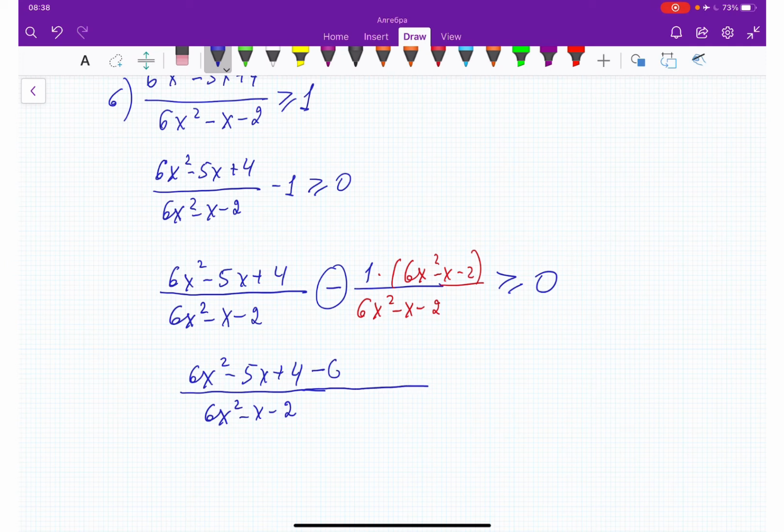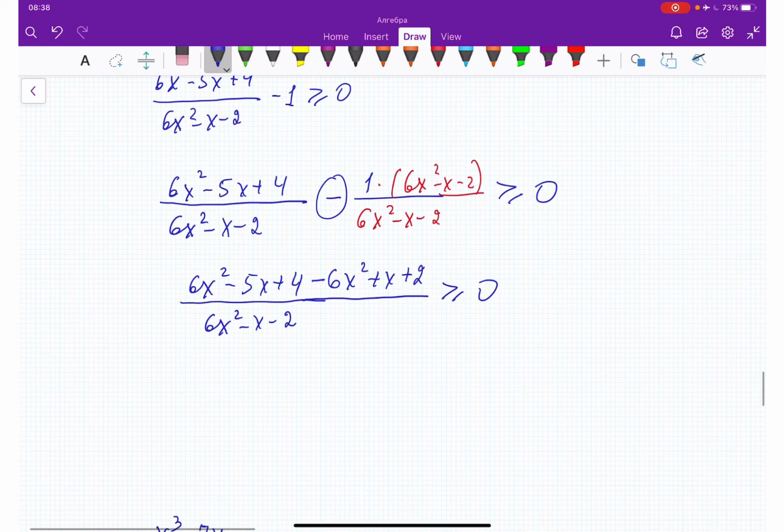We get negative 6x squared plus x plus 2, and we get greater equals 0. Let's combine like terms. These two are canceling each other, and we will have negative 4x plus 6 over 6x squared minus x minus 2. And that is greater equal 0.